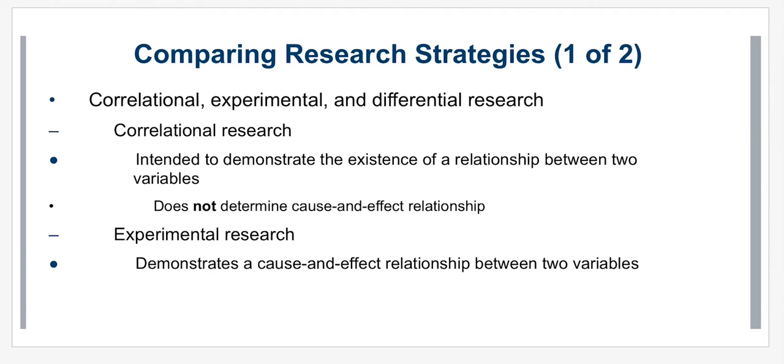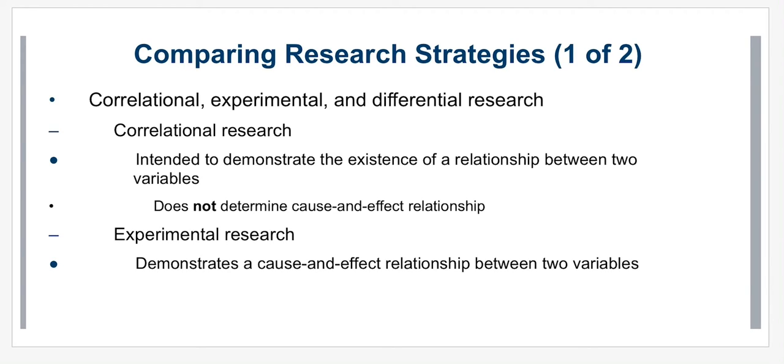In experimental research, on the other hand, we're measuring one variable, our dependent variable, and we're using the other variable, our independent variable, to create groups in our participants. And we're comparing those two groups of participants, or three groups or whatever, on our measurement of our dependent variable.